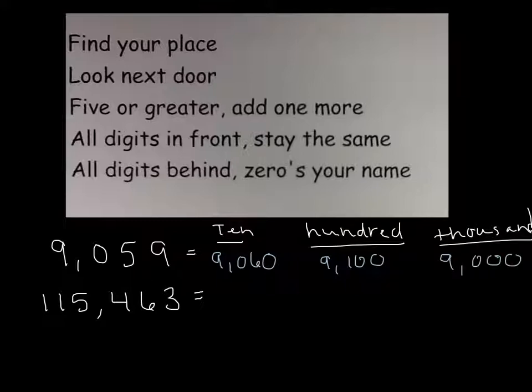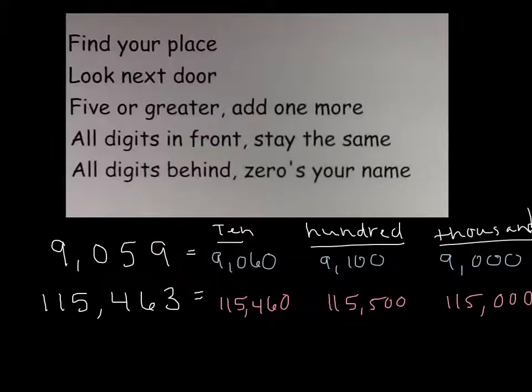Looking at the bottom one then, the nearest 10 is 115,460, nearest 100 is 115,500, and the nearest 1,000 is 115,004. Whoops. I don't want anything in the hundreds place. I'm rounding to the 1,000. So 115,000.